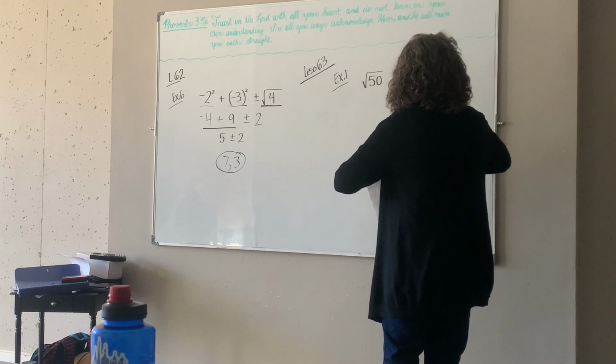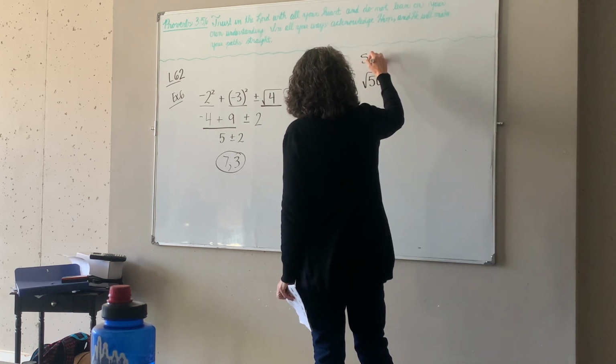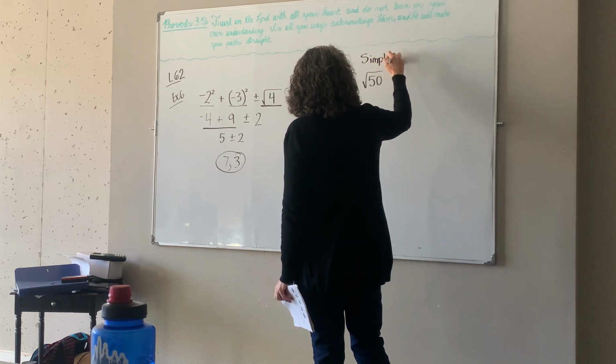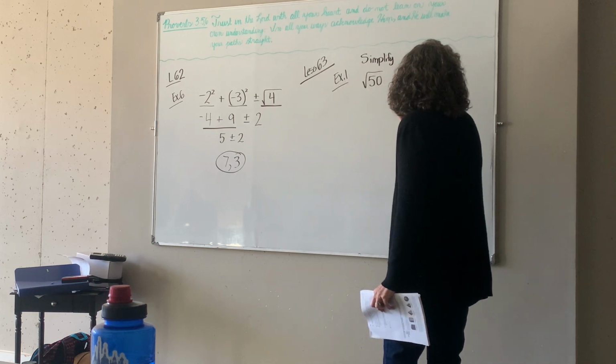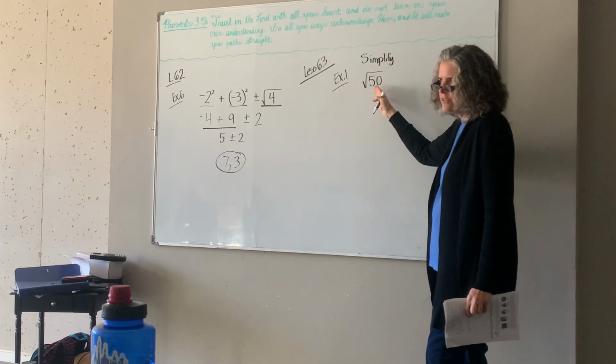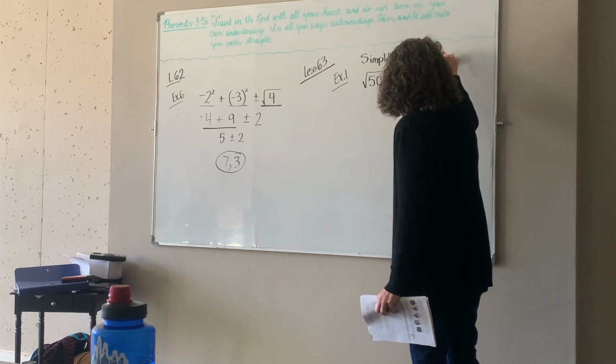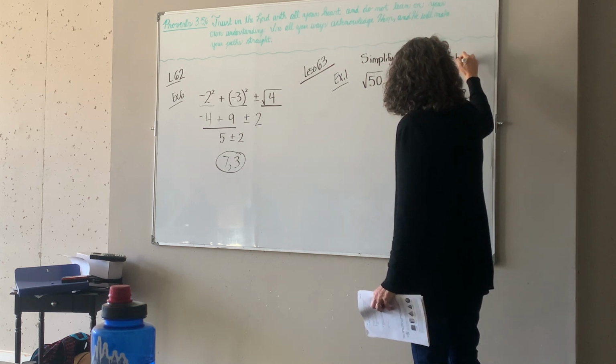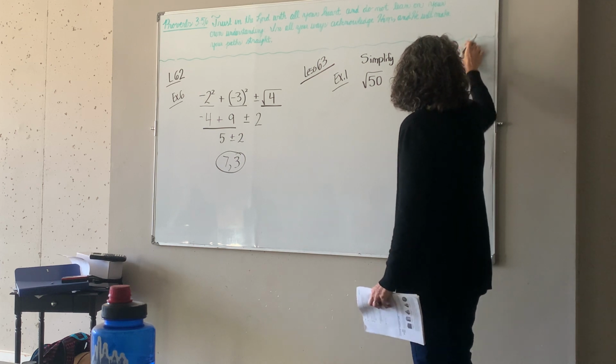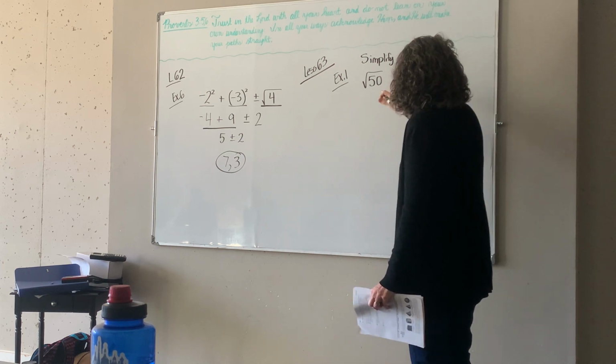The first thing you do, and the direction will say simplify, okay? The first thing you do is think of the prime factorization of 50. So I'm going to give you a step here. You're going to factor 50, okay? Well, I guess we'll leave it general, but factor the number, okay?